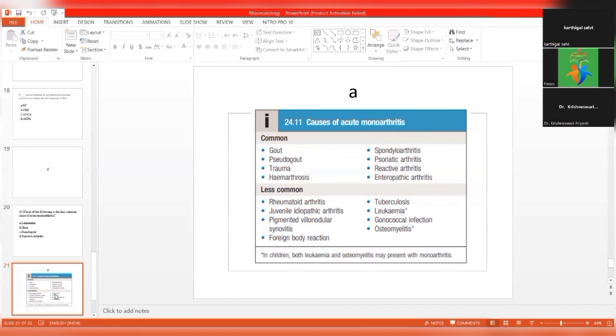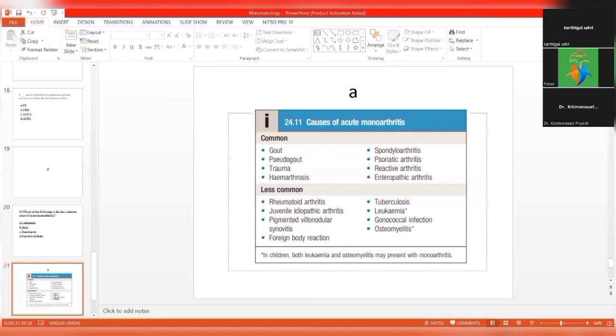Next is spondyloarthritis. We all know that it is an autoimmune disease where HLA-B27, human leukocyte antigen B27, is positive. Next is psoriatic arthritis, which is associated with psoriasis. In psoriatic arthritis and spondyloarthritis, there is presence of syndesmophytes in X-ray.